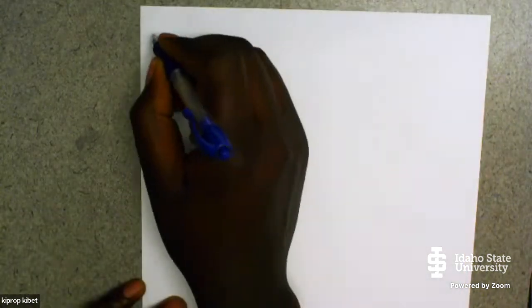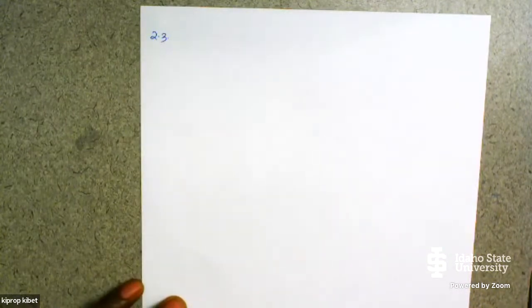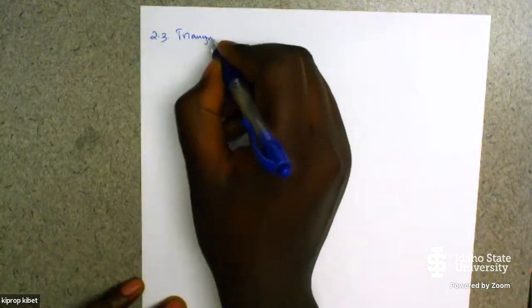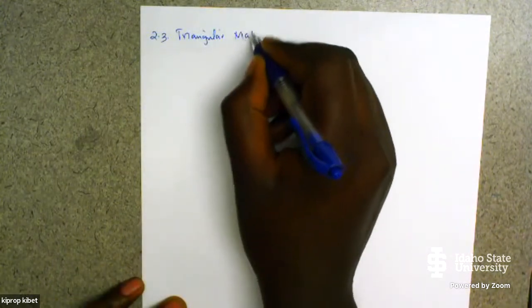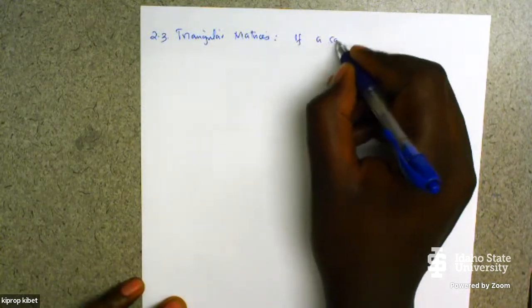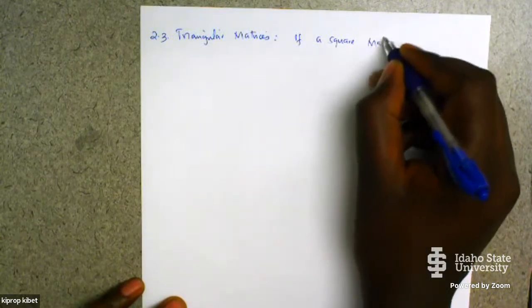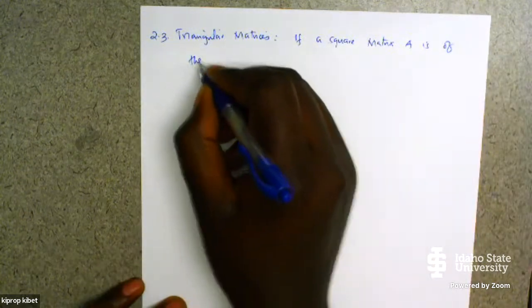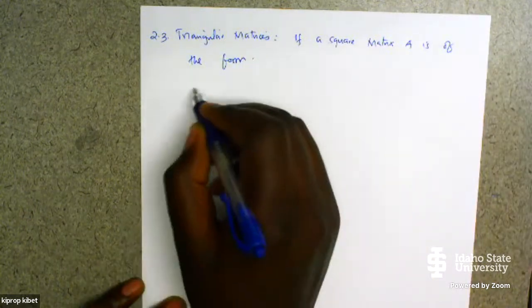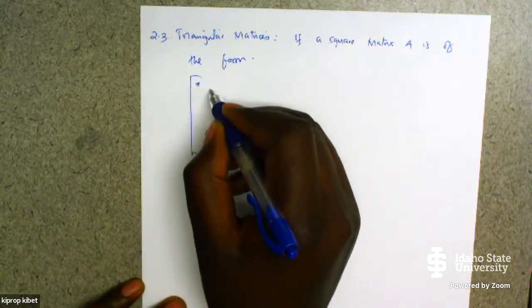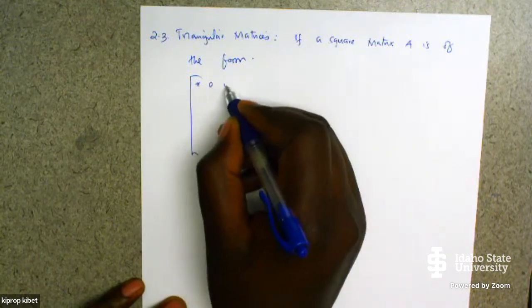Okay, now let's see how it works when we have the triangular matrix. So triangular matrices. If a square matrix A is of the form, let's use X and then star and then 0, 0, 0.